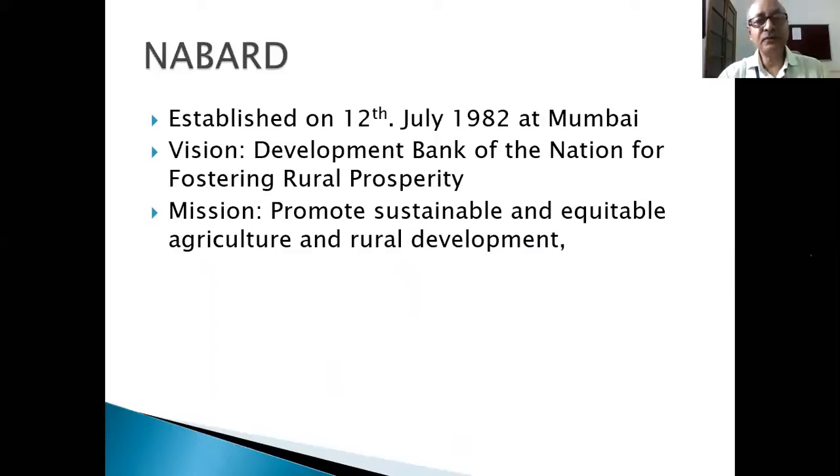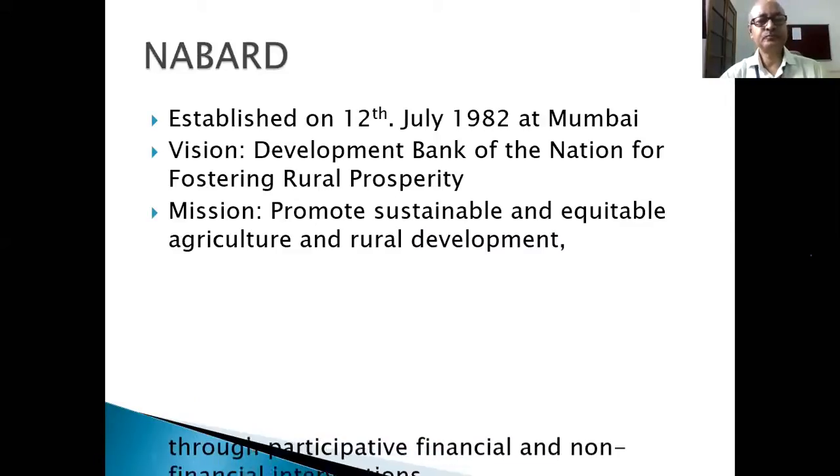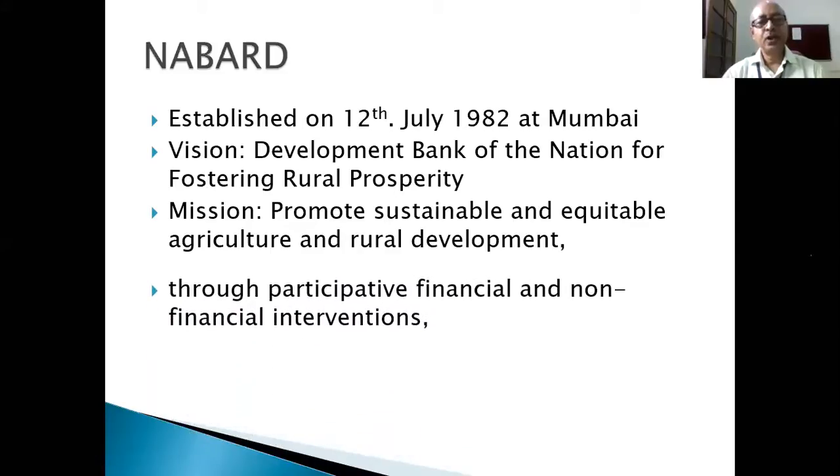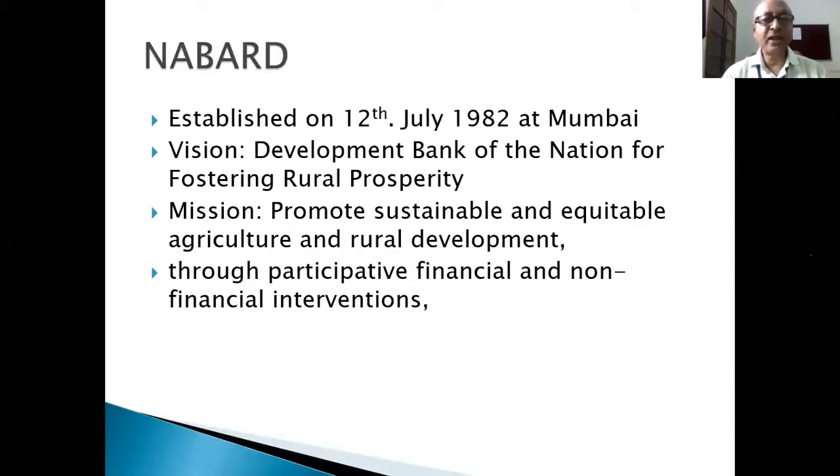That is the mission of NABARD, through participative financial and non-financial intervention. So the keywords, each word speaks for itself. Rural development through participative, financial and non-financial.